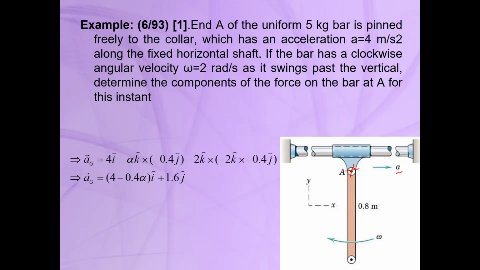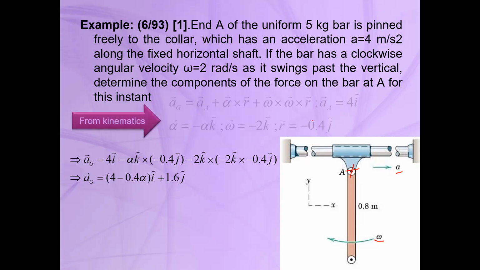So it's moving to the right side direction. With acceleration 4. And if the bar has a clockwise angular velocity of 2 radian per second, this is the angular velocity of the bar as it swings past the vertical, determine the components of the force on the bar at A for this instant.